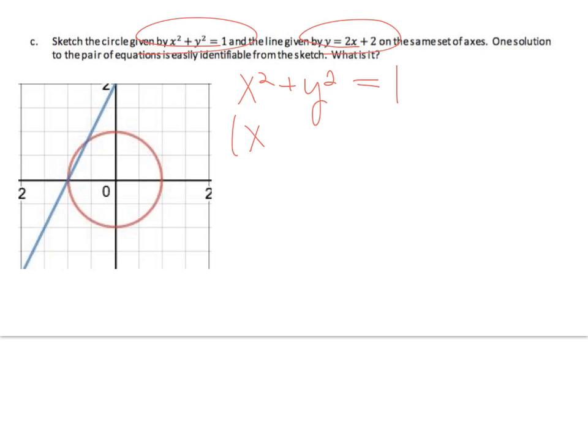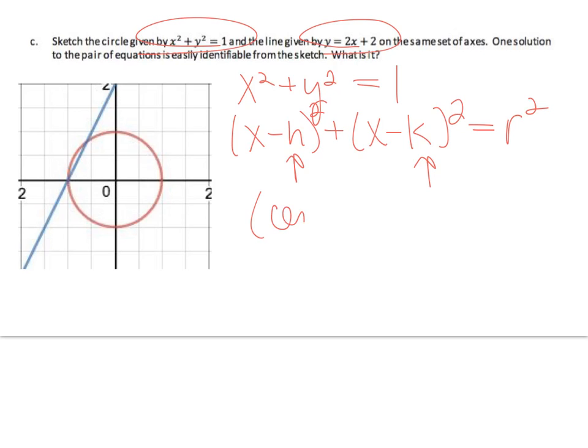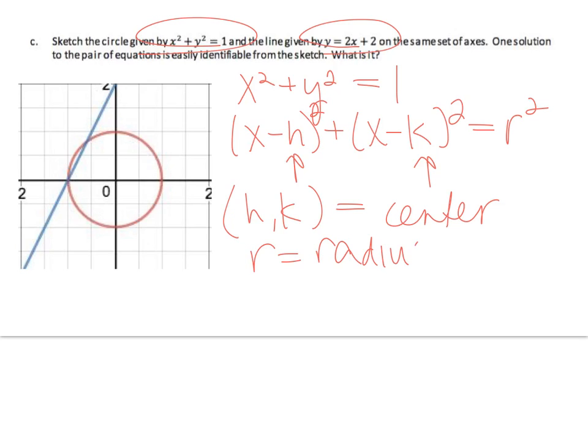Circles have the form x minus h, quantity squared, plus y minus k, quantity squared, equals r squared. So h and k is the center of the circle, and r is the radius of the circle.